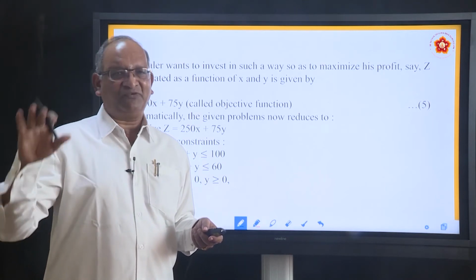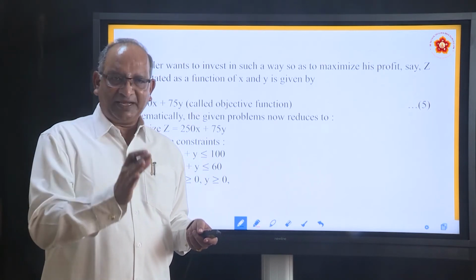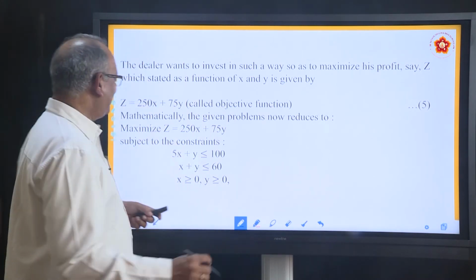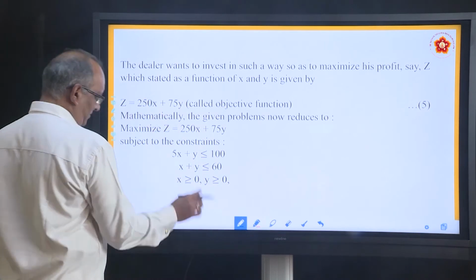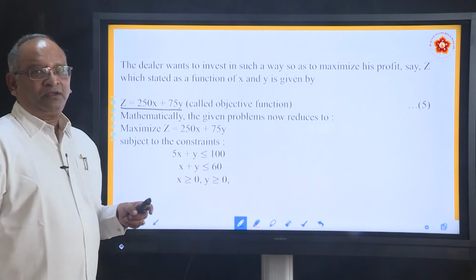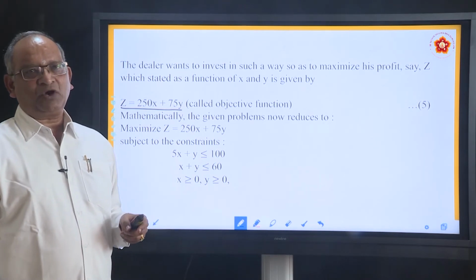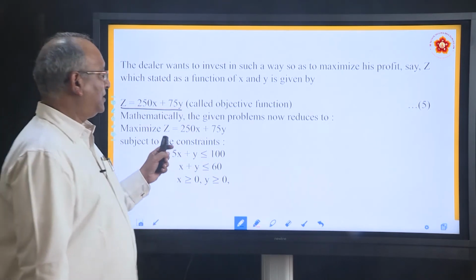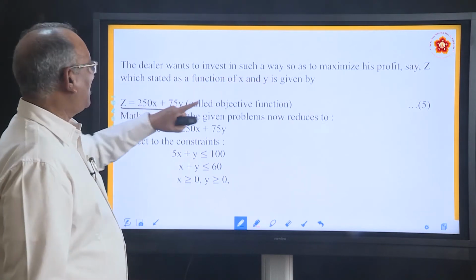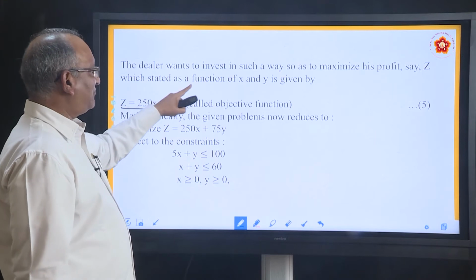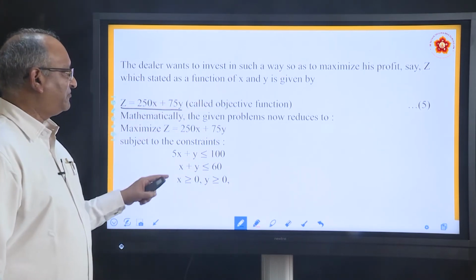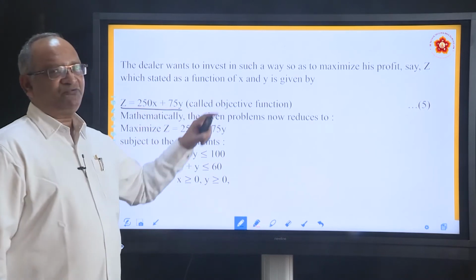How many chairs? y chairs. So it is 250x plus 75y equals Z. This Z is nothing but the profit function, which we call the objective function. The dealer wants to maximize his profit Z, which as a function of x and y is given by Z equal to 250x plus 75y, called the objective function.